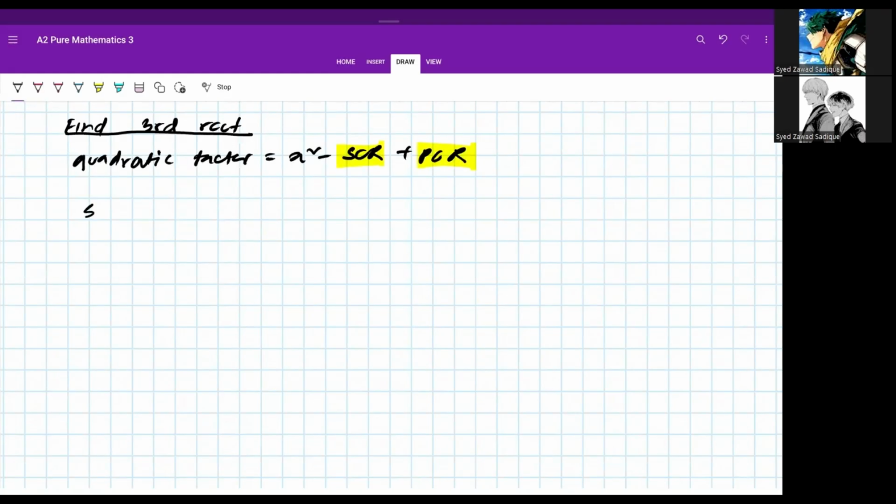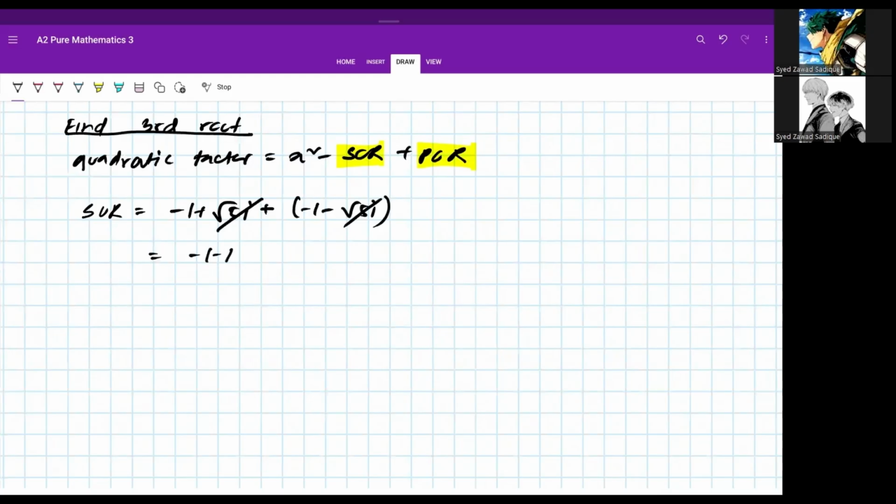So sum of roots is equal to minus 1 plus root 5i plus minus 1 minus root 5i. So the root 5i terms cancel out.